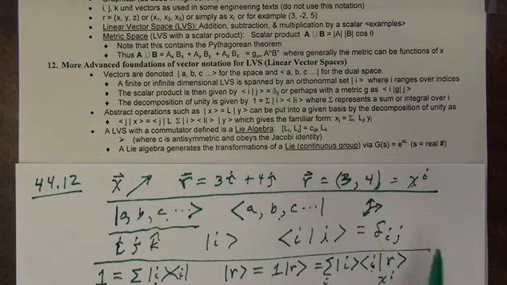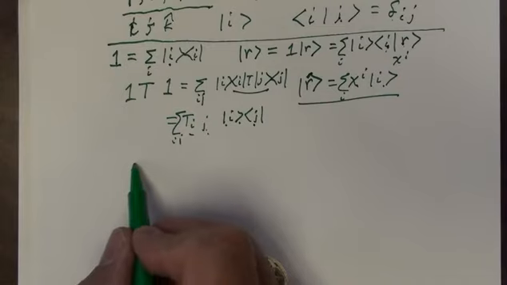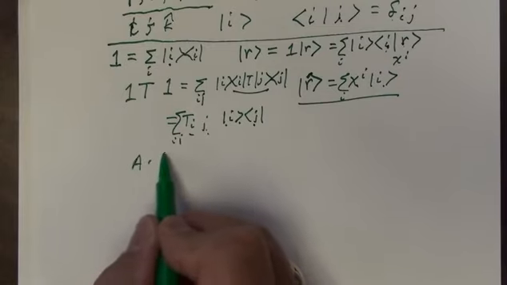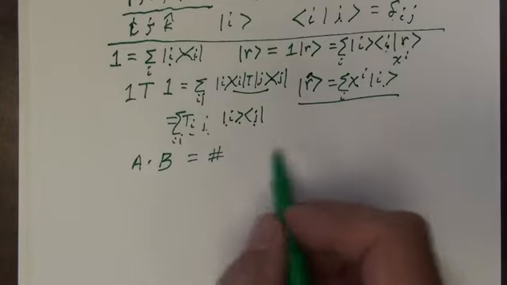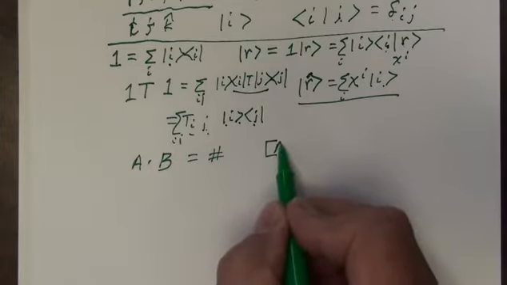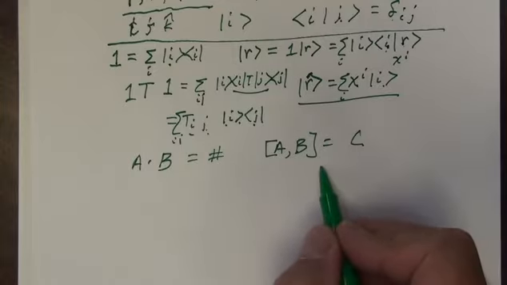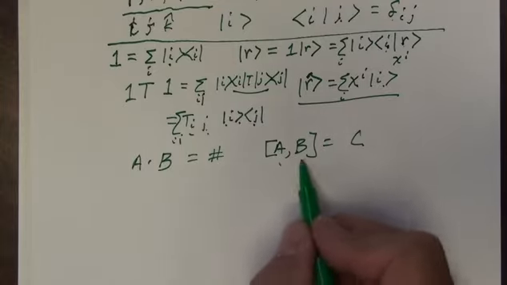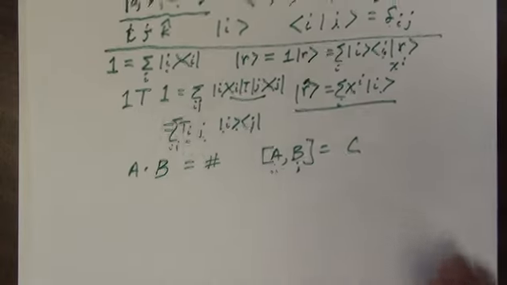How is that different? Well, you recall that in our metric space, when we had a product of two vectors, A and B, this always gave a number, like 6. Here we're saying a new kind of product, [A, B], always gives another vector in the space. This is antisymmetric also, so [A, B] is equal to minus [B, A].